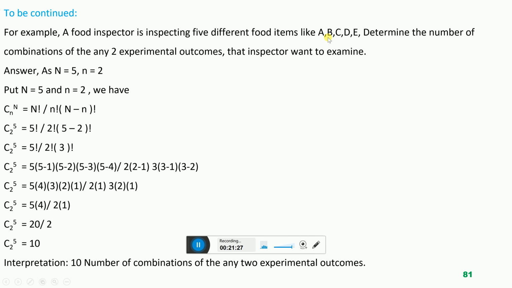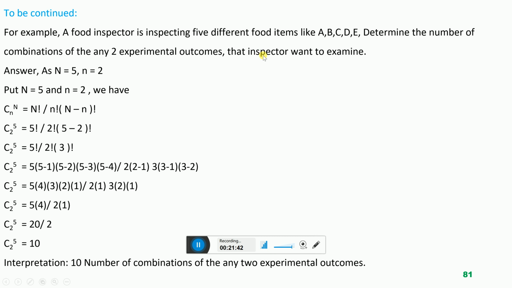So different possibilities can exist. He can choose any two.